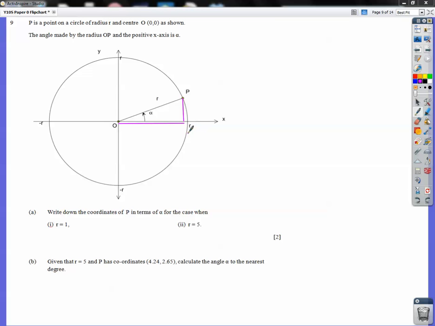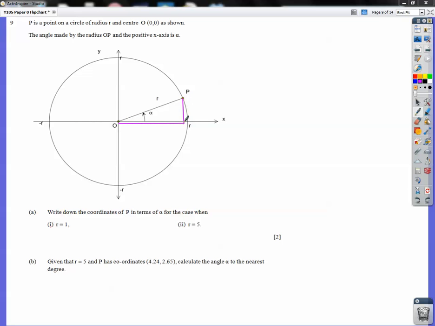So you could just work it out quite quickly, as I've just said, from memory. But if you don't remember it, it's not that difficult to work out, as long as you remember where these results come from. So if we're looking at the radius, the x-coordinate of P is this horizontal line here.